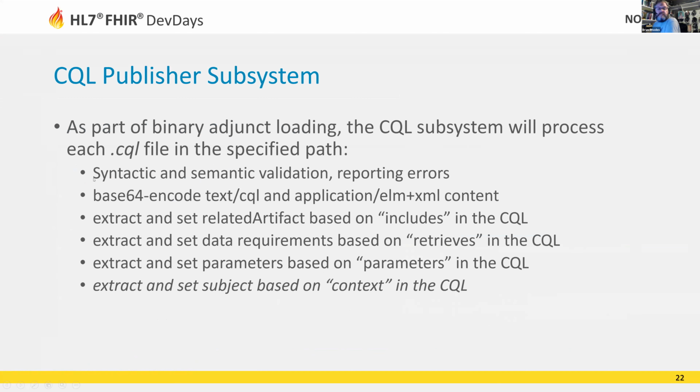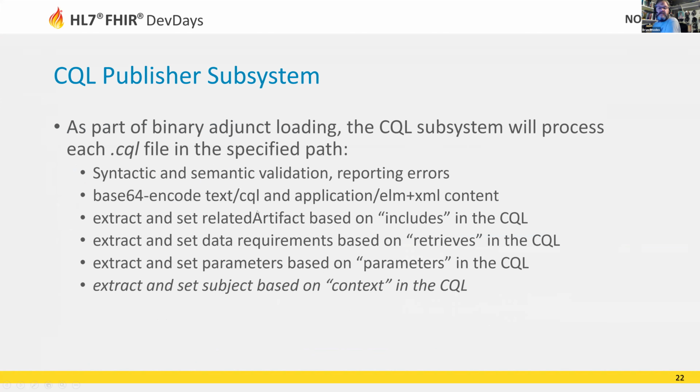As part of that loading, the CQL subsystem within the publisher will process each file and do syntactic and semantic validation. It'll report any errors that occurred as part of that process. Then it'll base64 encode the CQL and the application ELM XML or ELM JSON content, depending on how you want that to come out.